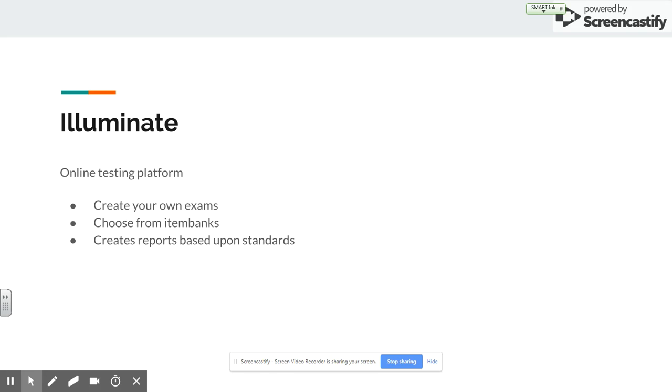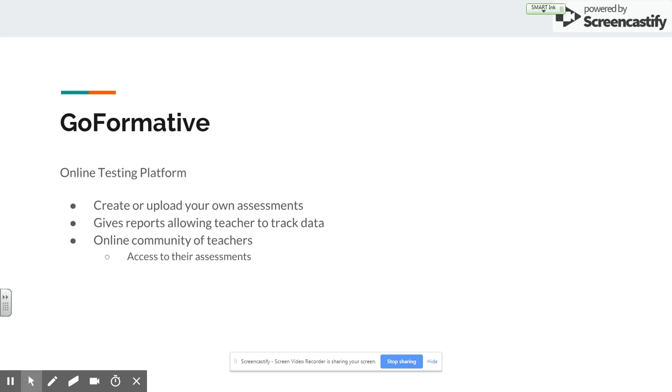Elluminate is an online testing program which allows teachers to create their own exams from an item bank. And it allows us to see reports that give us an idea of how our students are doing on the standards. It allows us to identify strengths and weaknesses as far as the standards are concerned for each individual student.